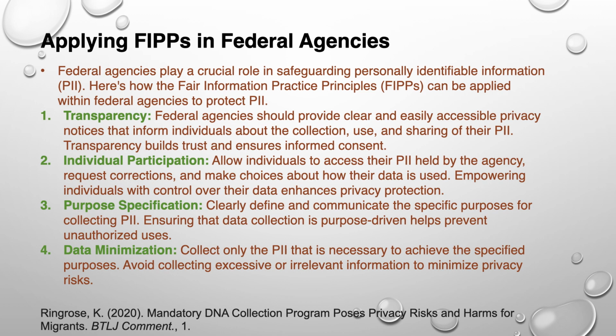Individual participation. Individuals should have access to their PII and the ability to make choices about its use, enhancing control and privacy. Purpose specification. Clearly defining the purpose of collecting PII helps prevent unauthorized use. Data minimization. Collecting only necessary PII reduces privacy risk and data exposure.